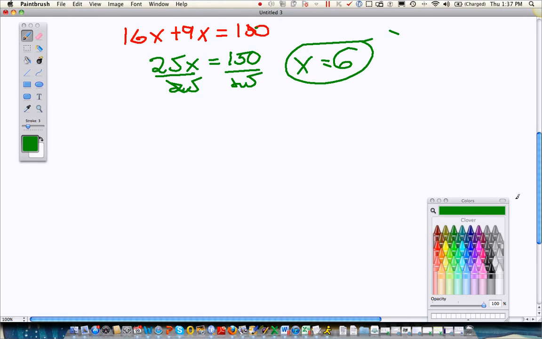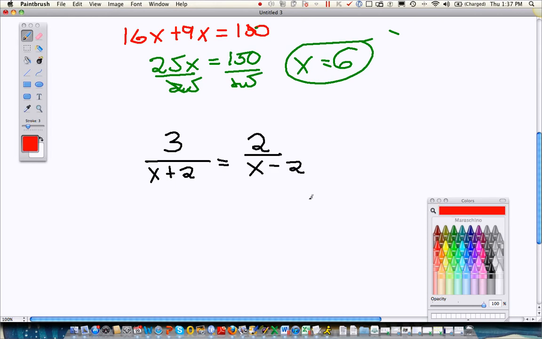The last kind of equation we're going to deal with is what is called a proportion, or it has two fractions that are set equal to each other. So let's take a look. We'll do 3 over x plus 2 is 2 over x minus 2.